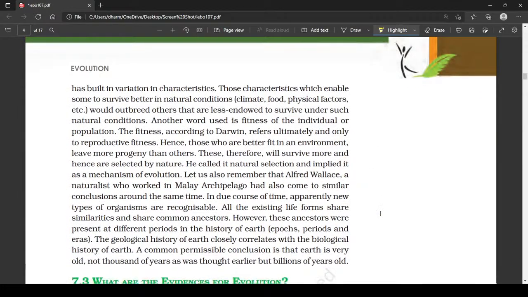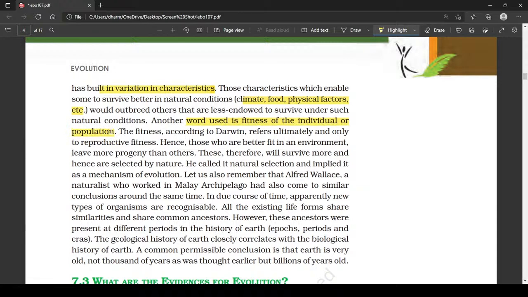Any population has built-in variation in characteristics. Those characteristics which enable some to survive better in natural conditions would outbreed others that are less endowed to survive under such natural conditions. Natural conditions are climate, food, physical factors, etc. Another word used is fitness of the individual or the population.